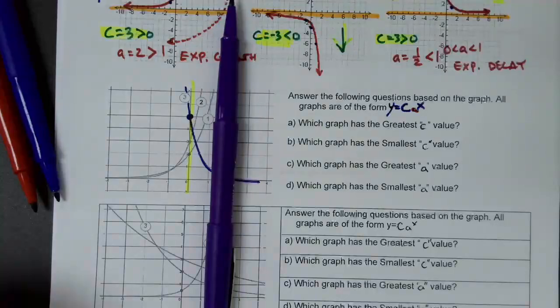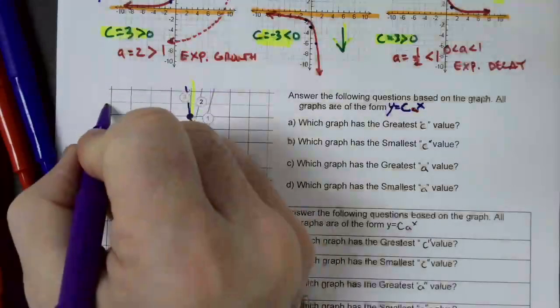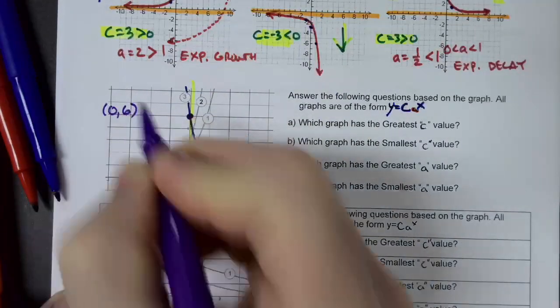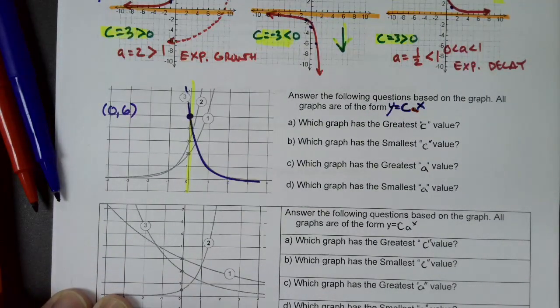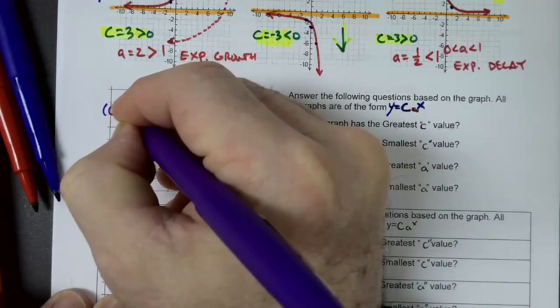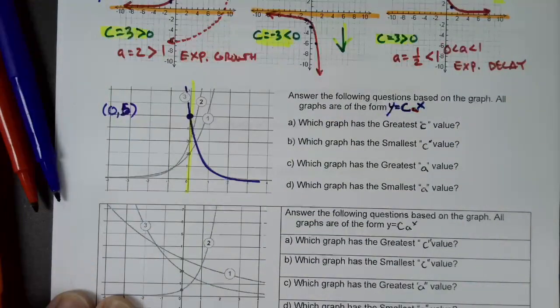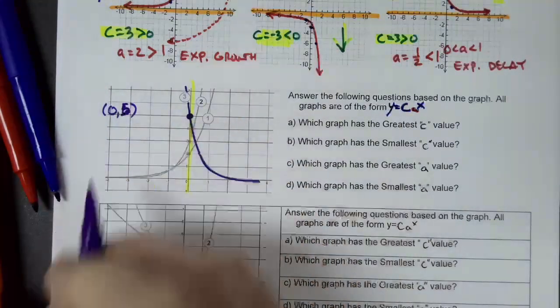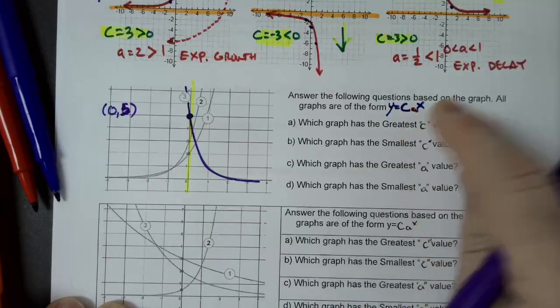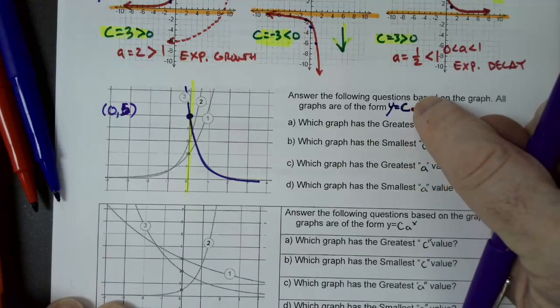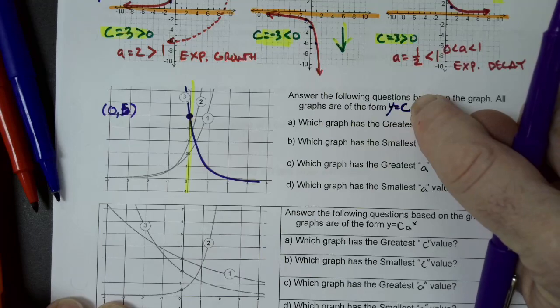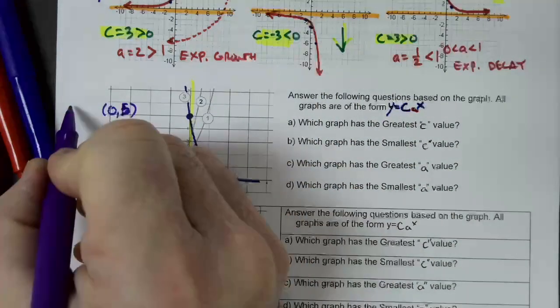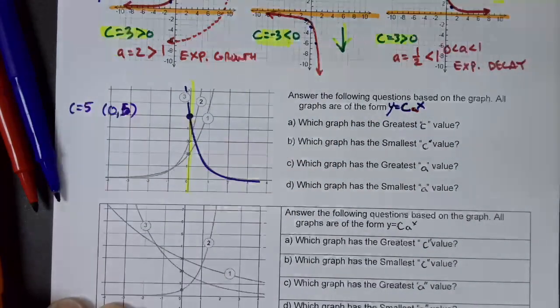It intersects that at 0, comma, is that 5? Oops, I'm off by 1. 0, comma 5. That means when x equals 0, we got 5. When x equals 0, remember anything to the 0 power is 1. So that means this one, our c value has to be 5.